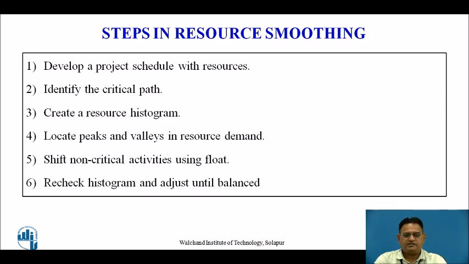You have to adjust this particular histogram until we achieve the balance in the resource utilization, or you can say optimum utilization of the resource. Here the non-critical activities are used for the movements of the resource.